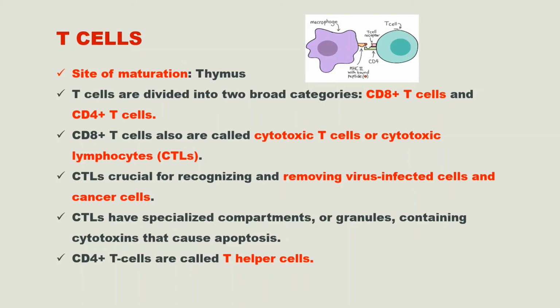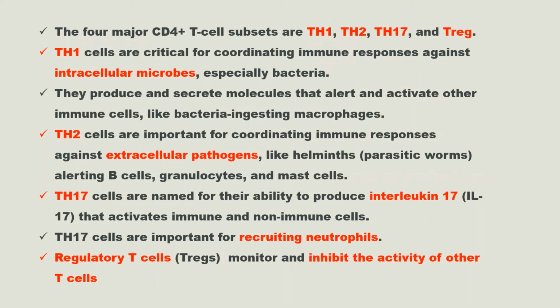Okay. The four major CD4 plus T cell subsets are Th1, Th2, Th17 and Treg. That means T helper cell 1, T helper cell 2, T helper cell 17 and regulatory T cell or Treg.